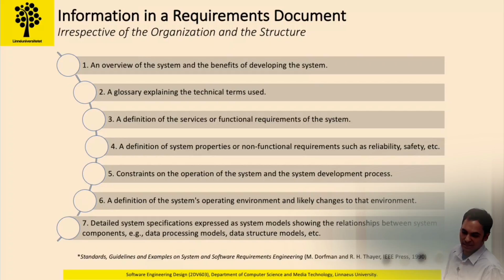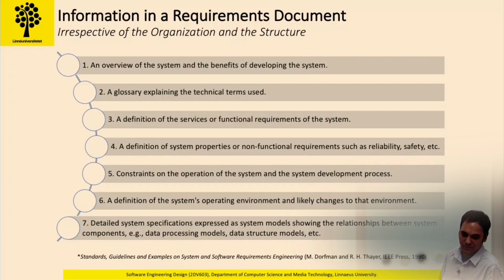A definition of the system properties, or non-functional requirements; they have a separate section for non-functional requirements apart from functional requirements in section 3. And the constraints on the operation of the system or system development process: any kind of development constraint, or any technologies you might need for developing certain requirements, you mention here.